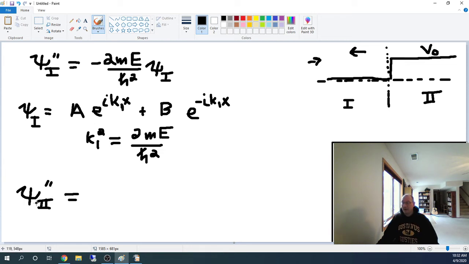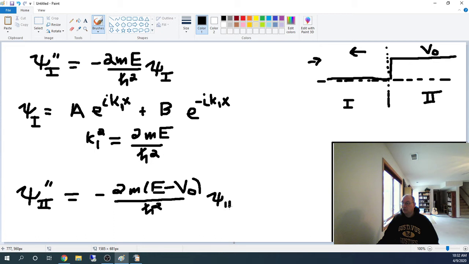The second derivative of the wave function in region 2 is equal to minus 2m times E minus V0 now, just a constant, over h bar squared times the original wave function back, psi 2. Okay, so that's that. Now we have a couple of things to consider with this one.